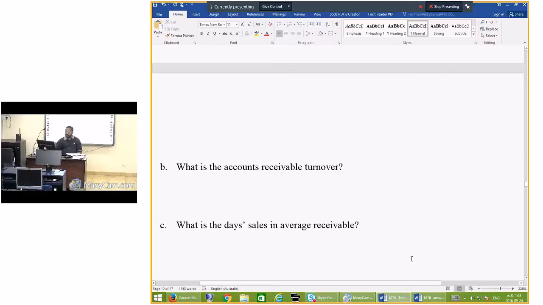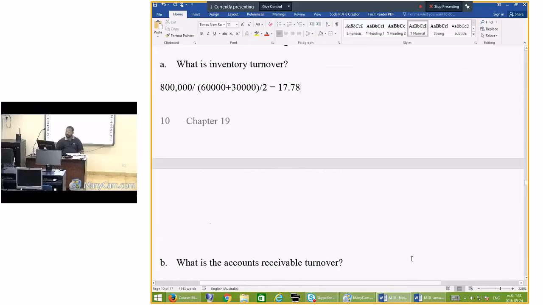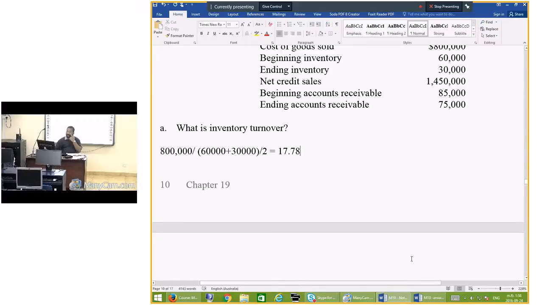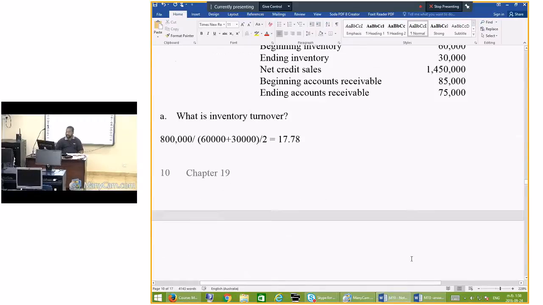Second one, what is the account receivable turnover? Like that inventory turnover, this should be the account receivable turnover.